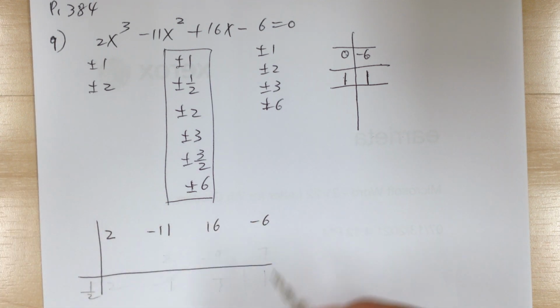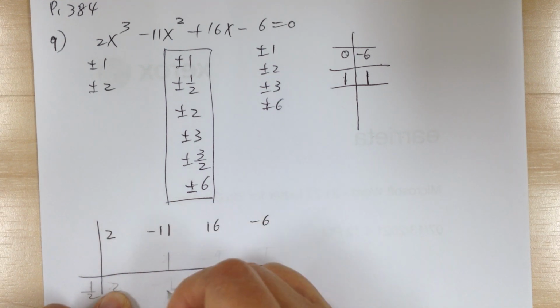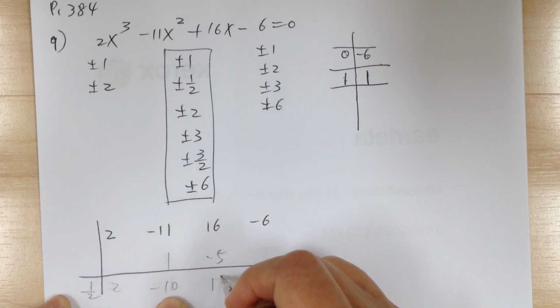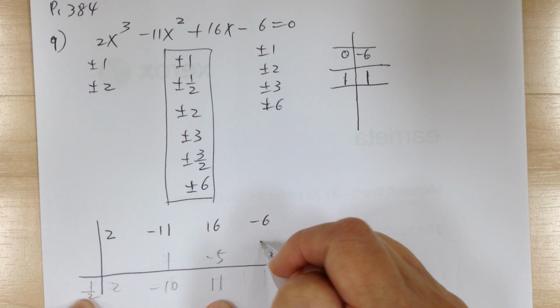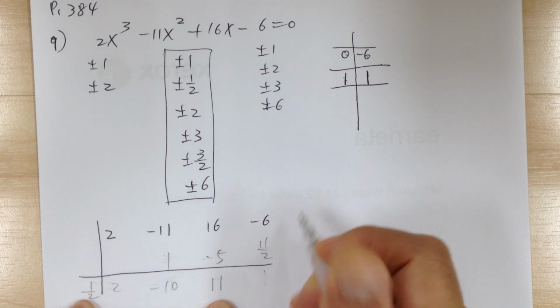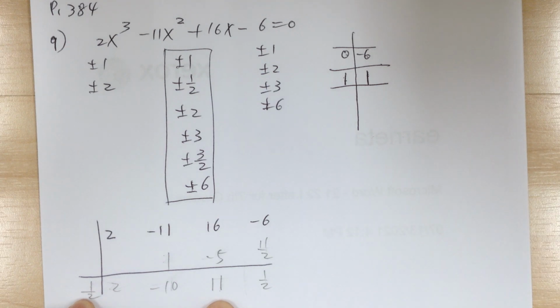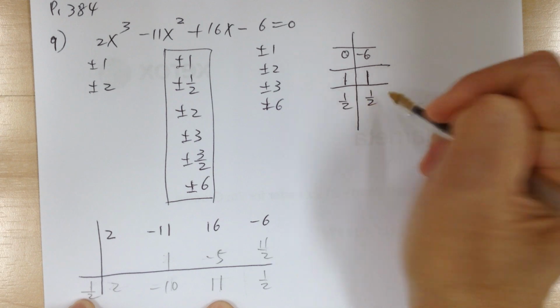You drop, multiply, you add. Multiply, you add. Multiply, you add. You're going to get 1/2. So when you try 1/2, you get 1/2.